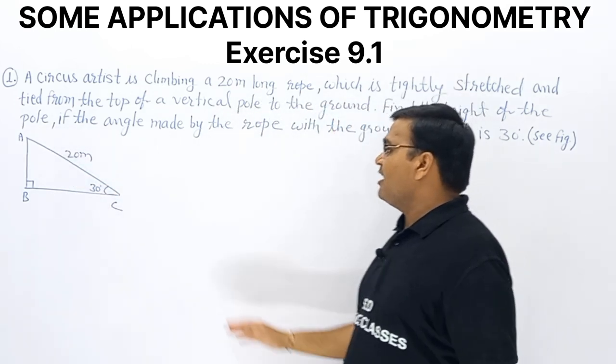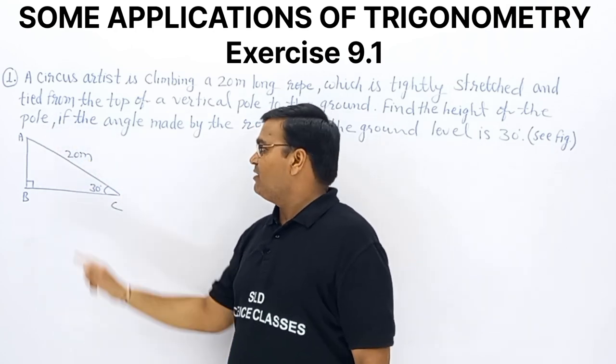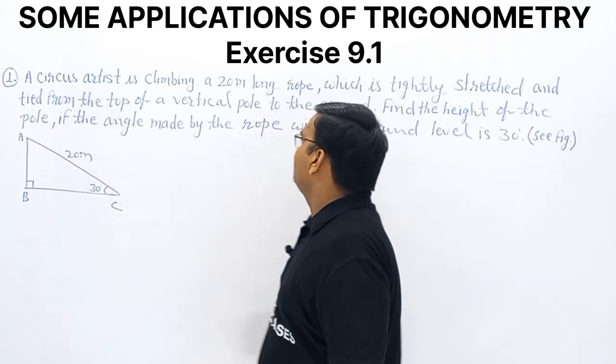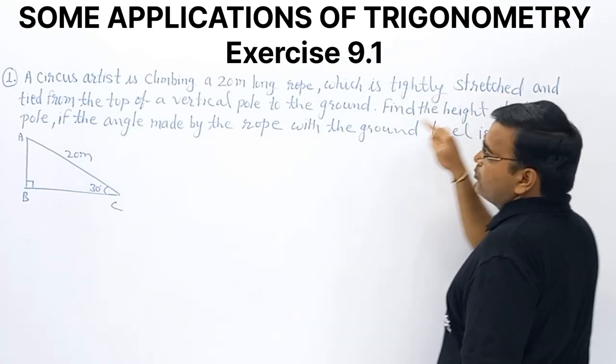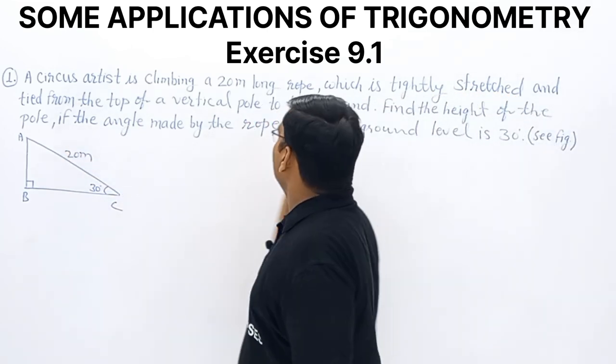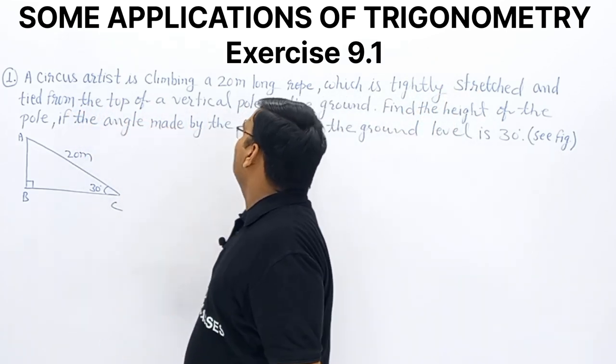So this is the rope and its length is 20 meter. This 20-meter rope is tightly stretched and tied from the top of the vertical pole.